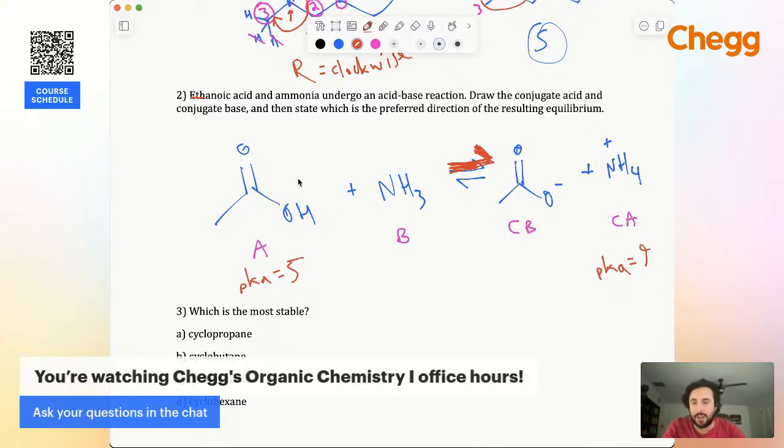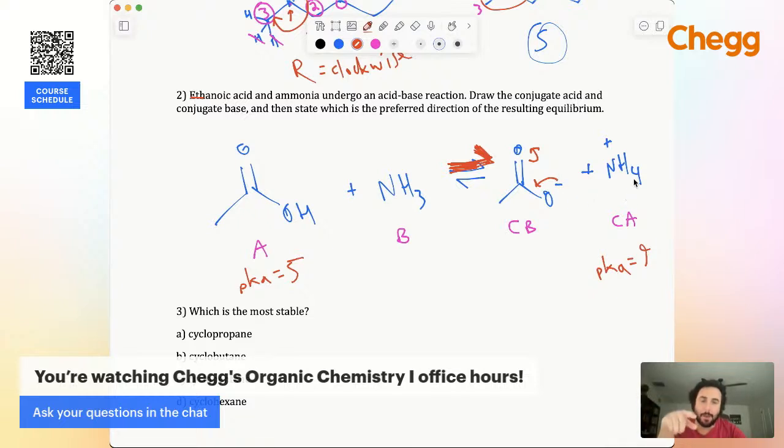If this carboxylic acid is much more likely to behave as an acid, then it's much less likely that the conjugate base will go back to being the acid. This is a very stable conjugate base. This oxyanion is stabilized by resonance, right? That's why this is so much more acidic. This is why a carboxylic acid is so much more acidic than an alcohol. It's because of the resonance stabilization on the conjugate base.